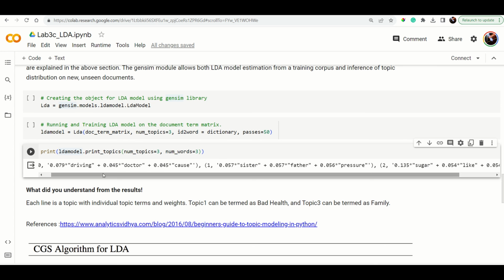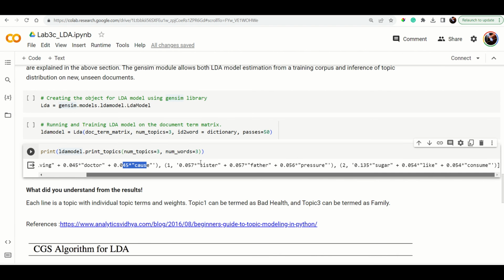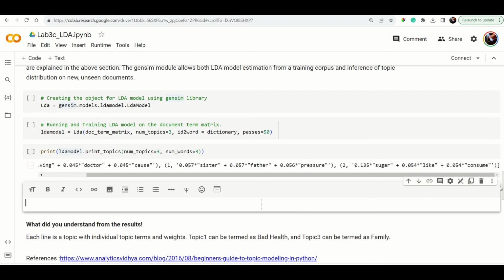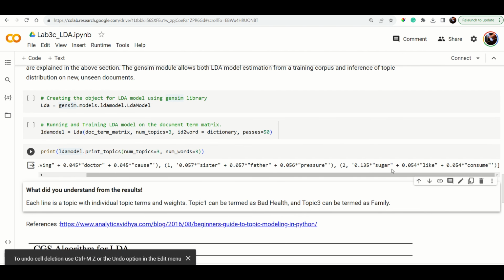When you look at here, you could understand that you are getting 0.79 driving, 0.045 doctor, 0.045 cause, right? And then you are getting sister, father, pressure, and then you are getting sugar, like, consume, right? So each of the main words and its corresponding probability is given to you.